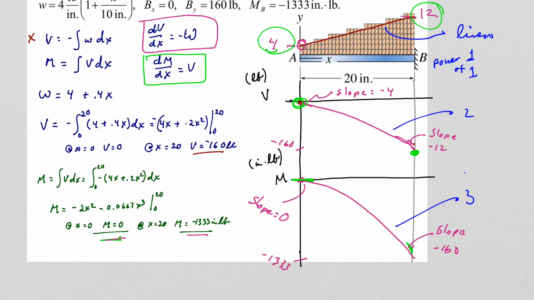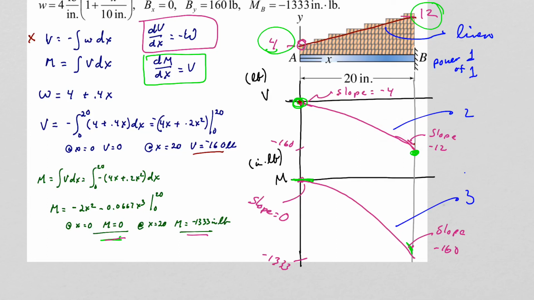The first one is, if we look at the slope of the shear curve, it is the negative value of our distributed load curve. So it starts out at negative 4, so we have a negative slope here, and it ends at negative 12. And as we go along this, you'll see that slope will decrease more and more.